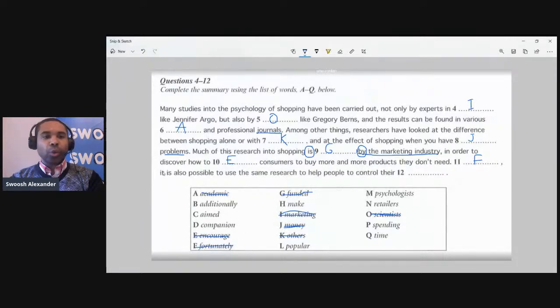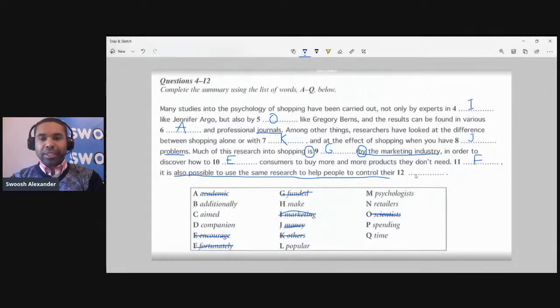Because if you look at it, it says it's also possible to use the same research to help people control their... what? Let's see. Ash Jinichi, you've gone for P, which is spending. And this time I 100% agree with you.